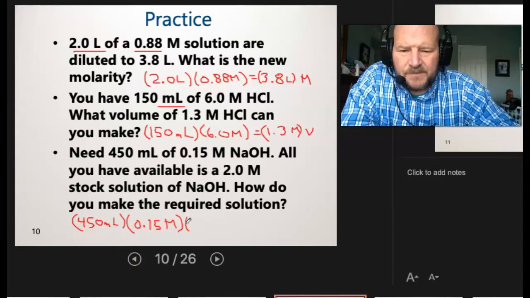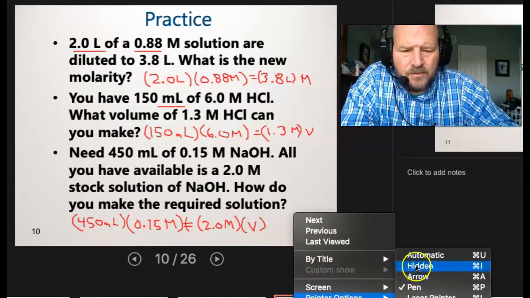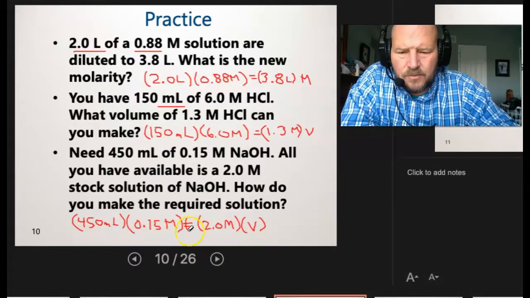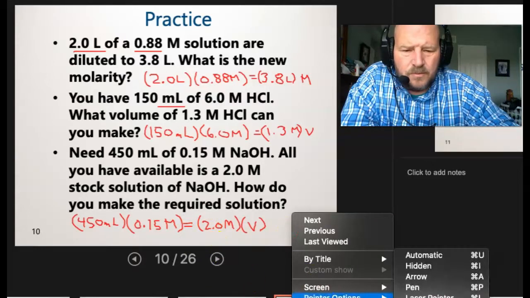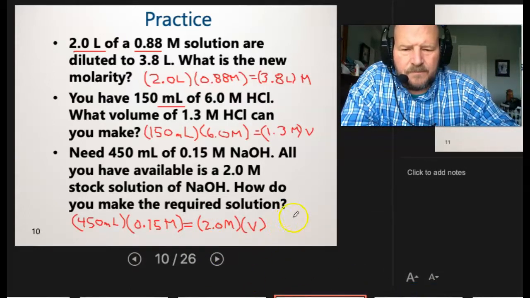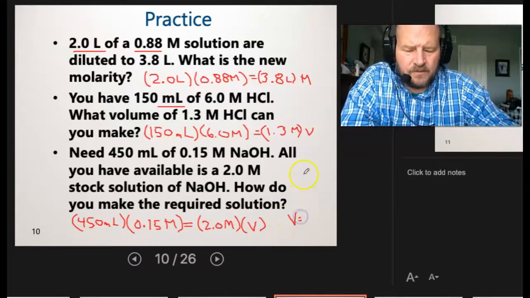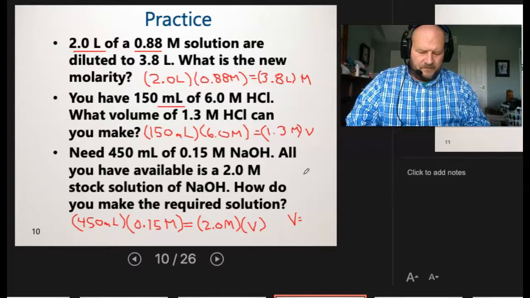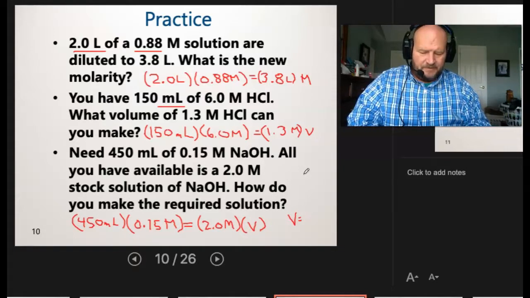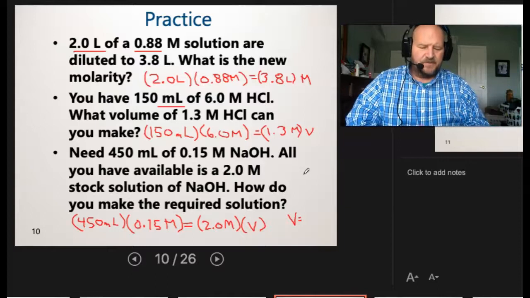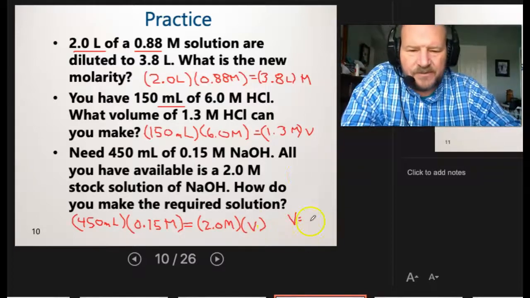All we have is a 2.0 molar solution, and we want to know what volume of that we would need. So our volume would be 450 times 0.15 divided by 2, and we're going to need 34 milliliters.